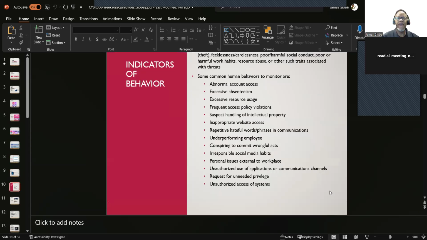This is just more on that. And then we get into, well, what are some of those attributes that you're monitoring on human behavior?